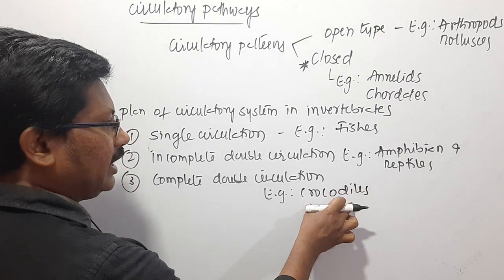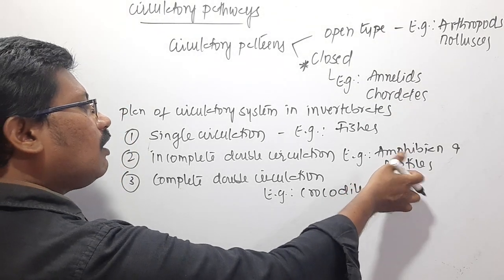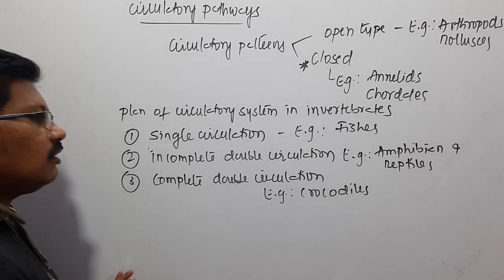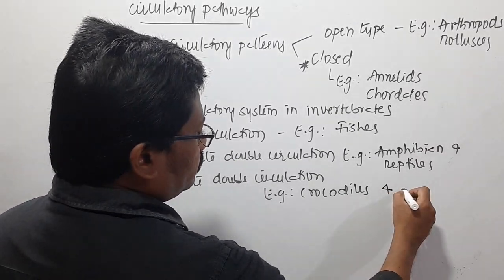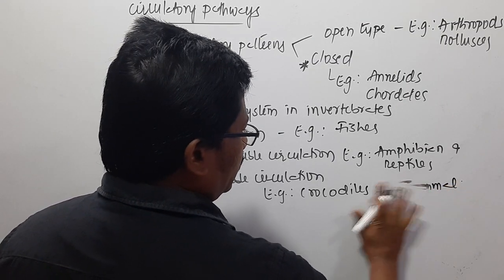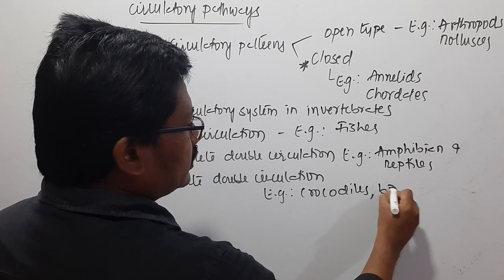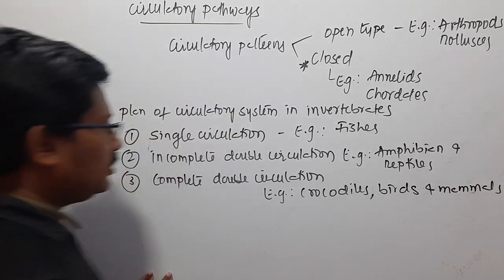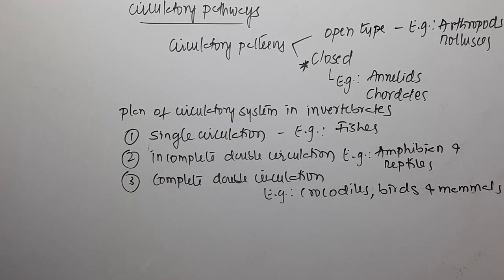These are reptiles actually. Almost all reptiles show incomplete double circulation except crocodiles, and birds and mammals. In all of them they show the complete double circulation. Now let's first see this single circulation.